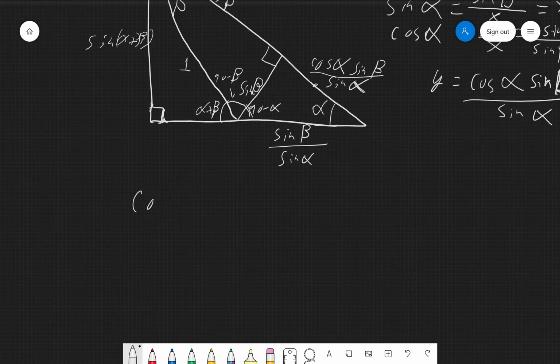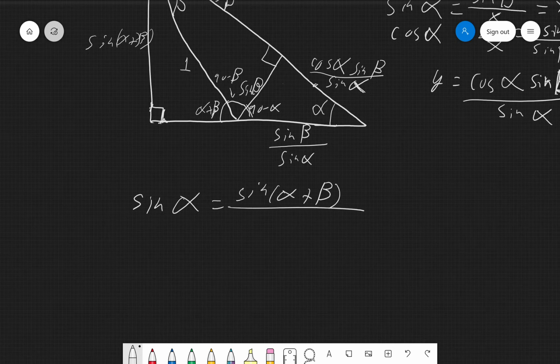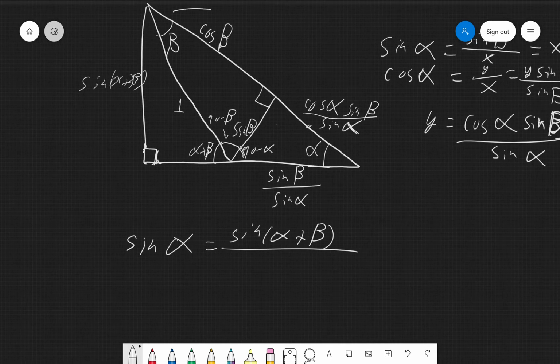Sine of alpha is equal to opposite, which is the sine of alpha plus beta, over this whole length, which is cosine of beta plus cosine of alpha, sine of beta over sine of alpha.